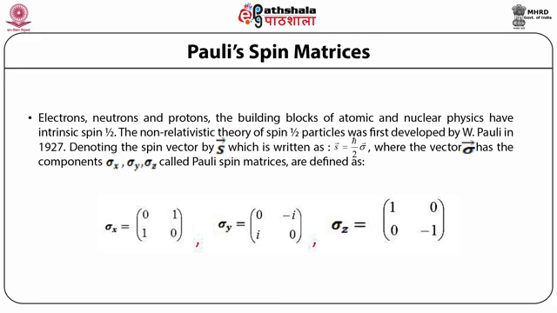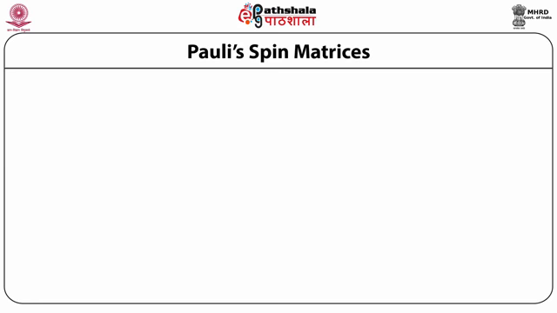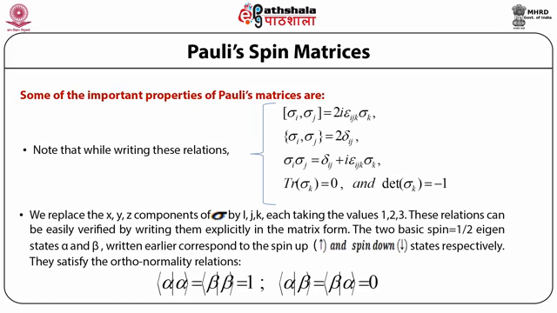So when we define these components of the spin vector sigma by sigma x, sigma y, sigma z, these components are called the Pauli's spin matrices. Now let us discuss some of the important properties of these Pauli's spin matrices. So first of all, we see the commutation relation of these Pauli's spin matrices, where we are using the indices i and j to denote the components x, y, and z.